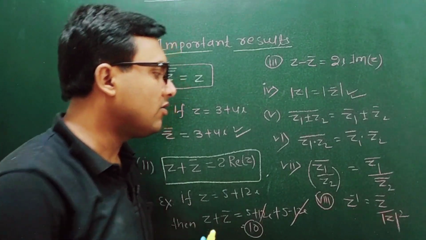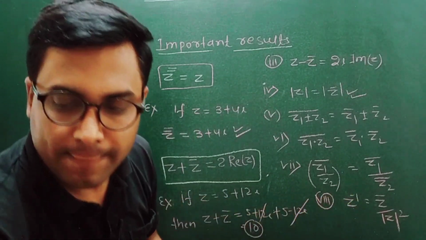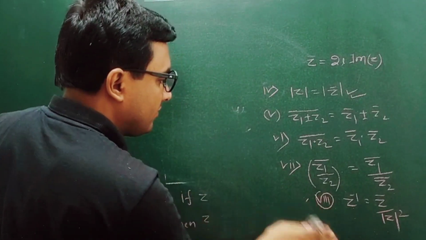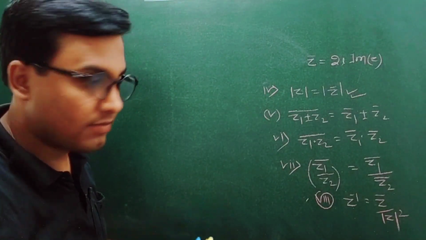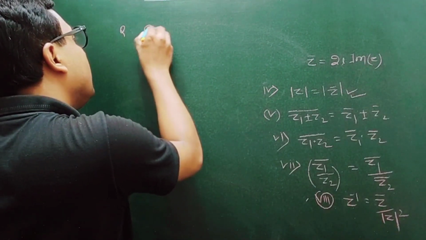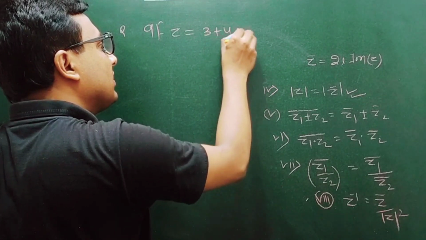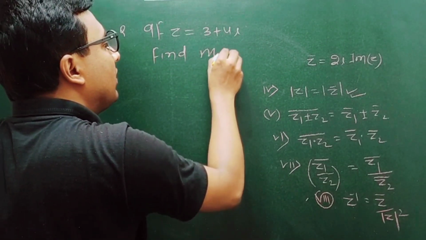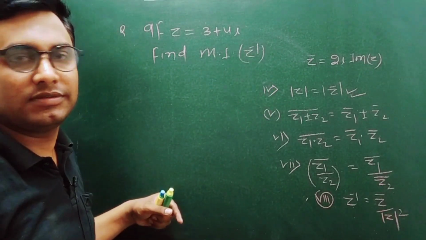So now see the example on this property. If z is equal to 3 plus 4 iota, find the multiplicative inverse, that means z to the power minus 1.